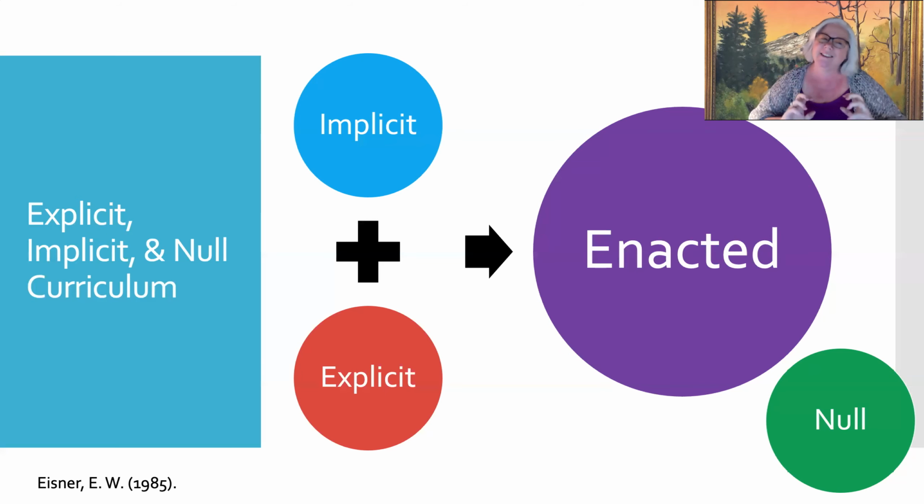Implicit meaning things that are kind of hidden, that may not be specifically written down, but they play a role. And that leads to enacted. Well, Elliot Eisner, who came up with this model, also said there's this other thing out there called the null curriculum. This is what you don't teach. Kind of interesting. So join me for my next video to hear more about explicit, implicit, and null curriculum.